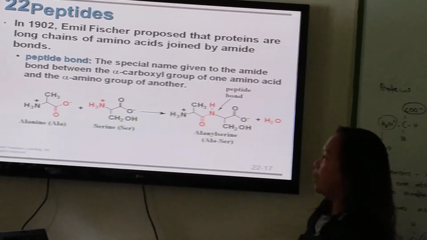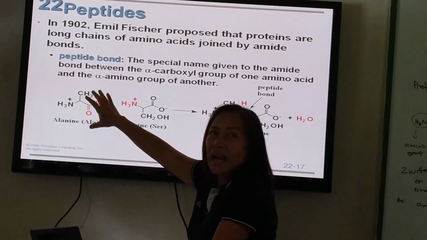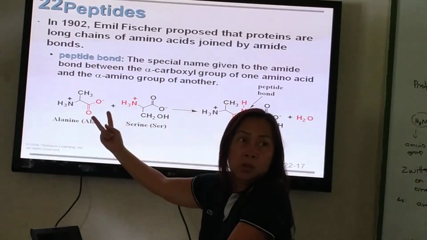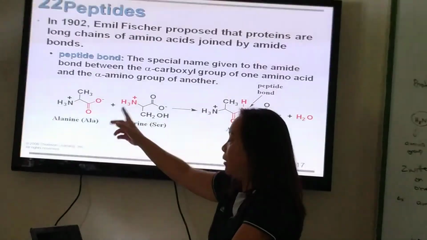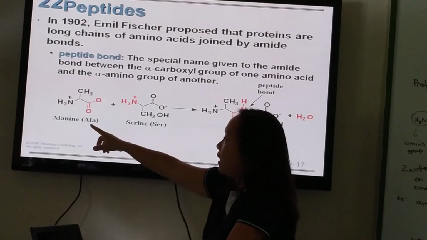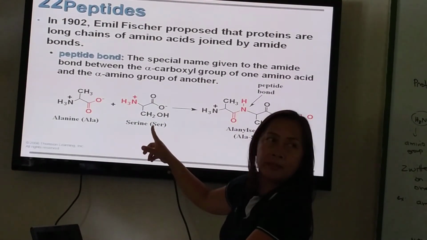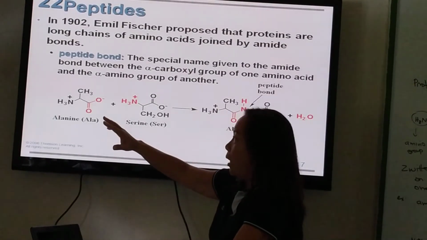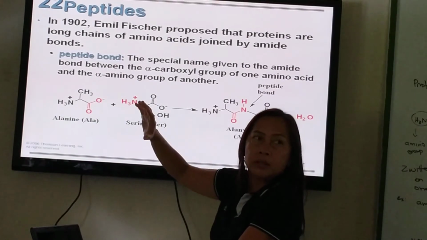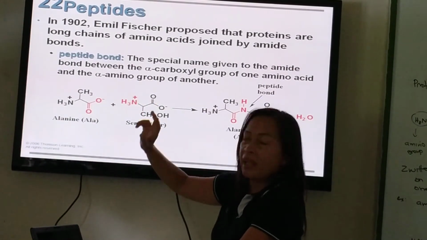Now, this is a dipeptide, meaning there are two amino acids bonded together by a peptide bond. Here you have, say, alanine and serine bonded together by a peptide bond. Now, where is the site of the peptide bond?